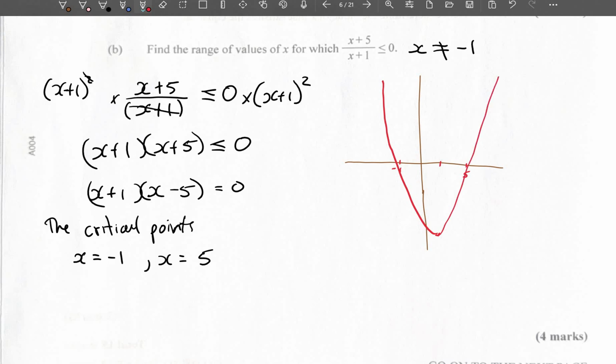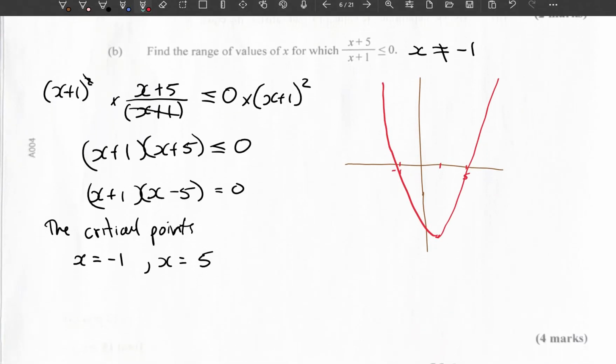We want to see exactly what the range of values is going to be. Let me use black. We're going to have a circle at -1, but we cannot include -1 in the answer. Why? Because if we look at this graph, x cannot be -1, so we put an open circle.